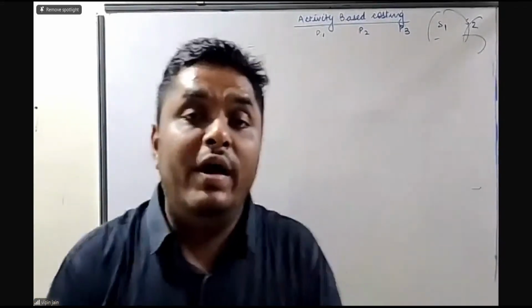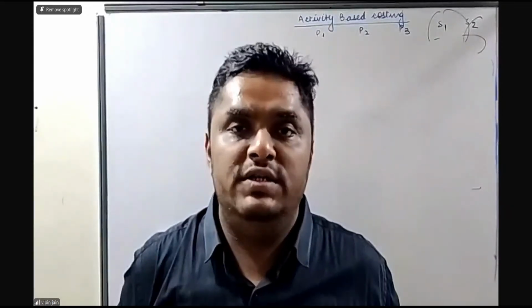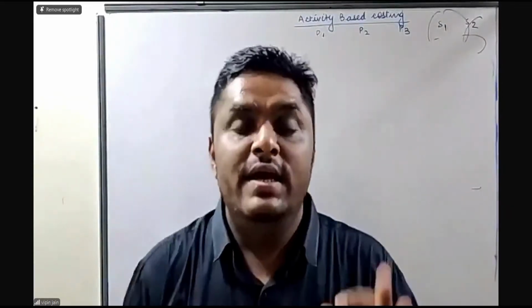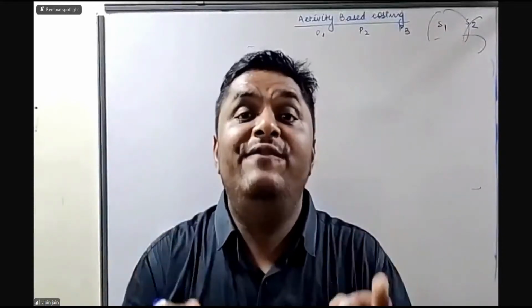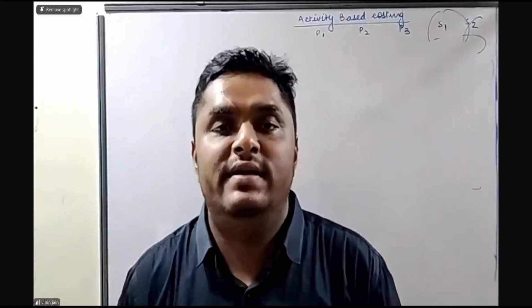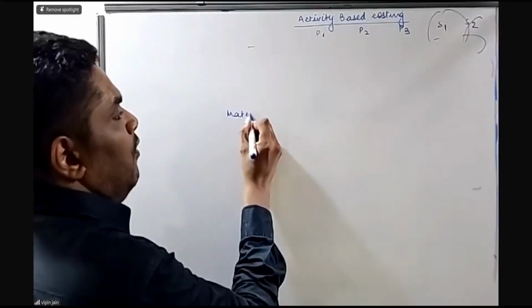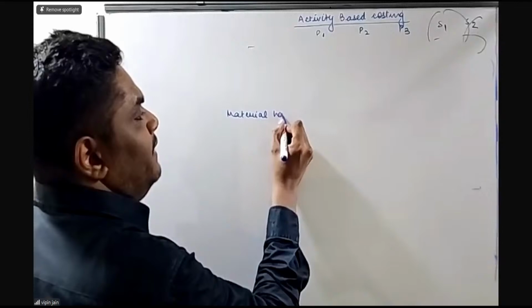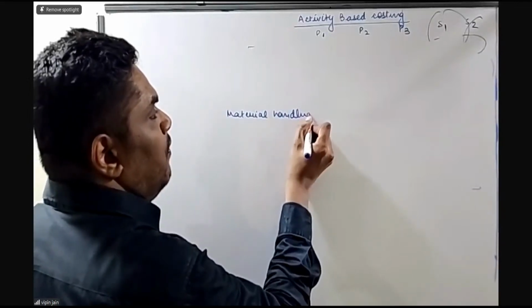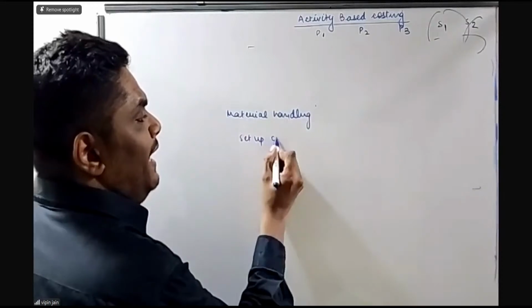What it says is that first identify the activities of the organization. What activities does the organization perform? Let's say material handling can be an activity. Let's say setup cost can be an activity.